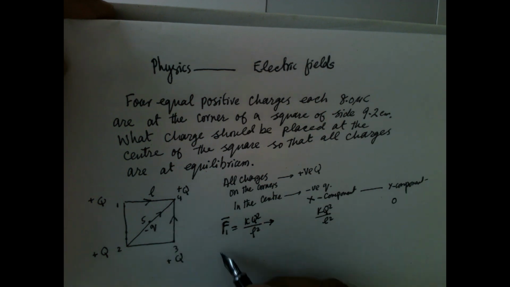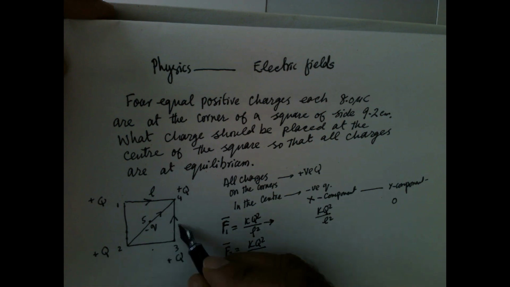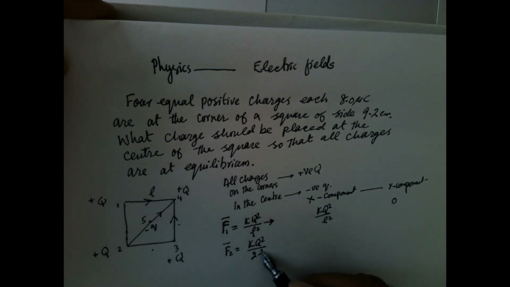Similarly, for force F2, it is kQ squared over this distance. This is L squared plus L squared, which is 2L squared, and it is at a positive 45-degree angle.